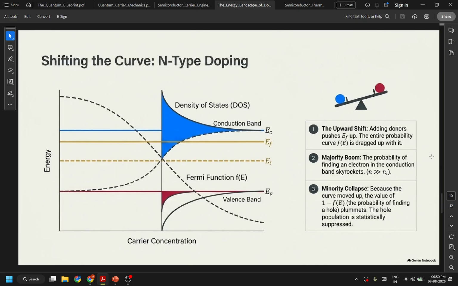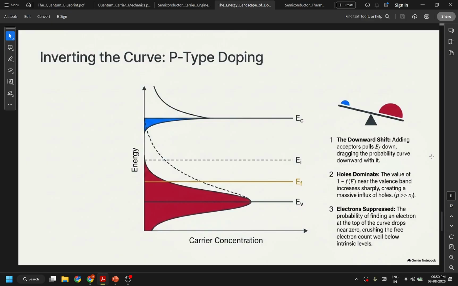This results in the probability of finding an electron in the conduction band skyrocketing, that is N greater than Ni. And because the f of E curve moved up, the value of 1 minus f of E, the probability of finding a hole, plummets. The hole population is statistically suppressed. Similarly, if you bring EF closer to EV, then the holes will dominate and the electrons will get suppressed.